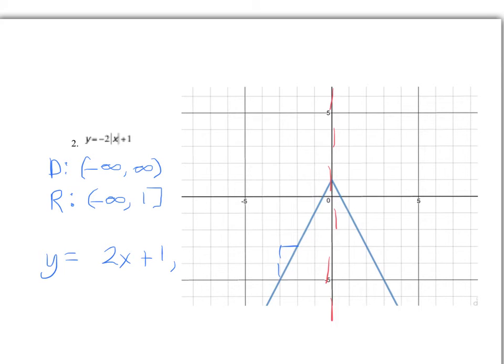That's when x is less than or equal to 0. And for the right side, negative 2x plus 1 when x is greater than 0. So that's the piecewise function for that one.